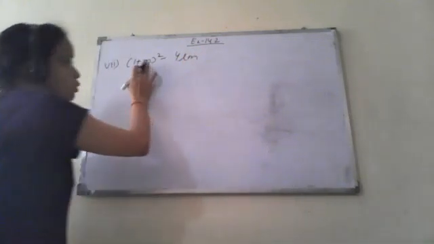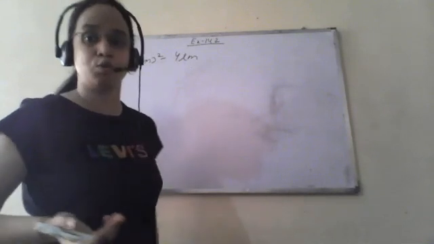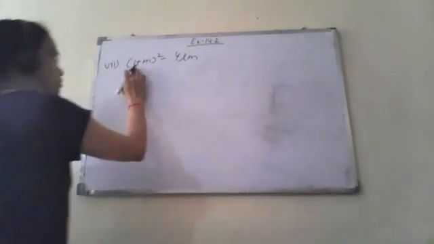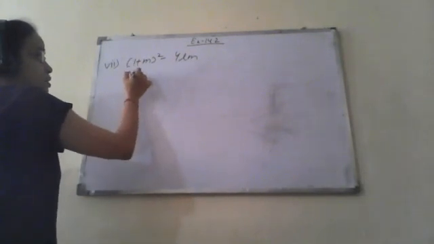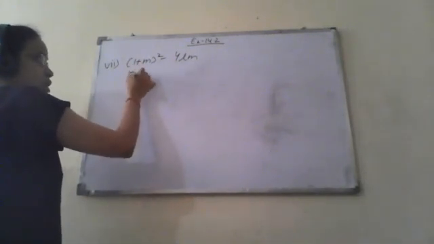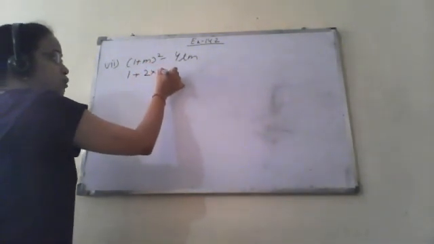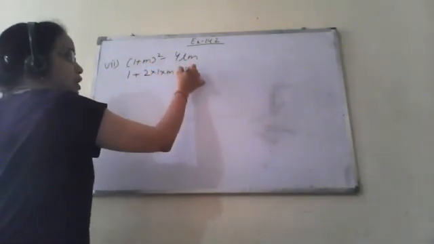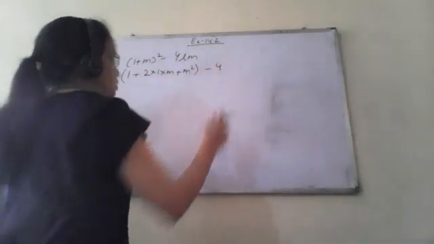Now first we have to expand this because there is no square term, there is no 2ab term. So we have to first expand this. What is (1 plus m) whole square? This is 1, a square means 1 square, that is 1, plus 2ab, 2 into 1 into m, plus b square, that is m square. Okay, and this is minus 4.